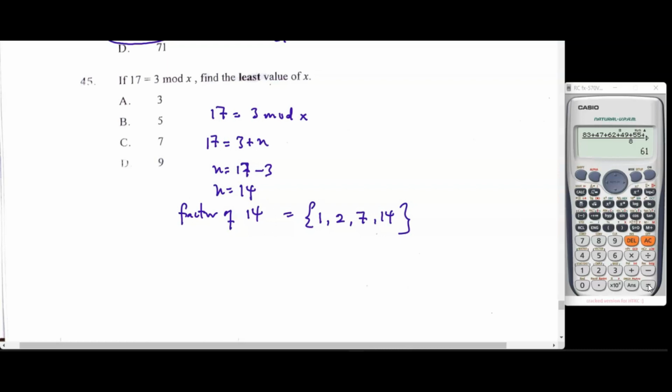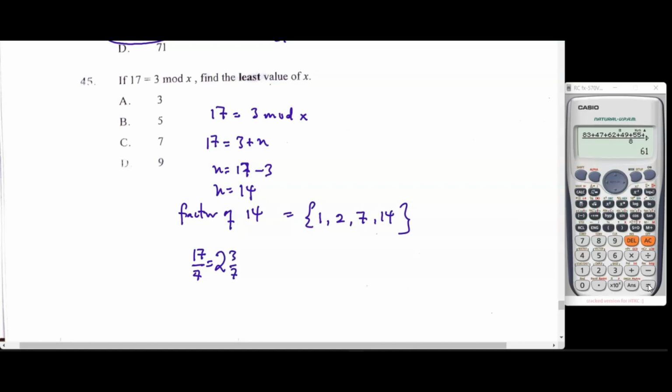When x is 7, 17 divided by 7. Now 17 divided by 7, we are going to have it as two whole number, a remainder of what? 3 on 7.